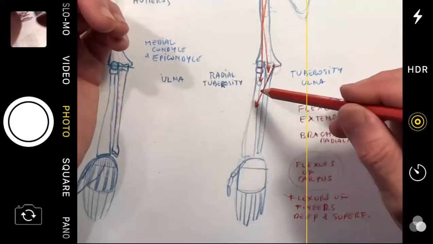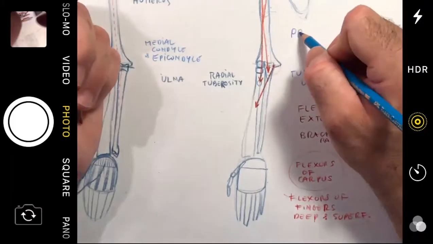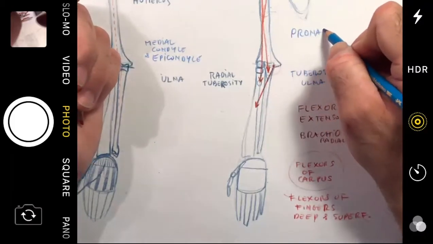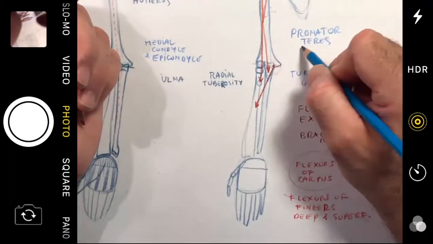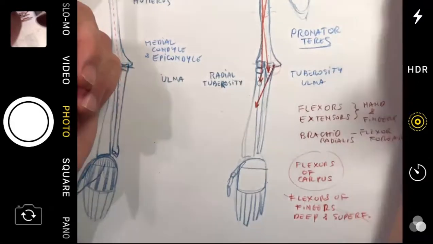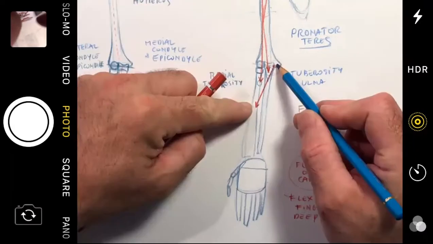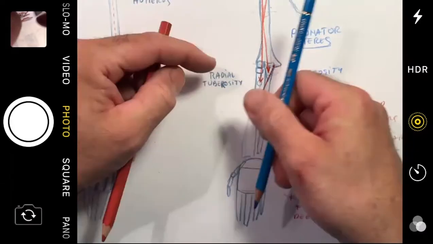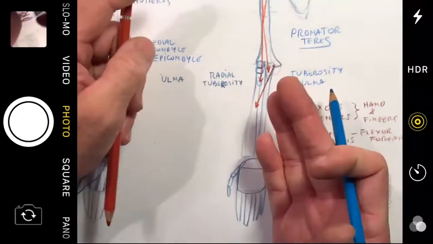This muscle in here is called pronator teres, right? Which means the round pronator, meaning this muscle in here connects with the radius. As this pulls, it turns the hand like this. Because we have seen before how the radius moves.